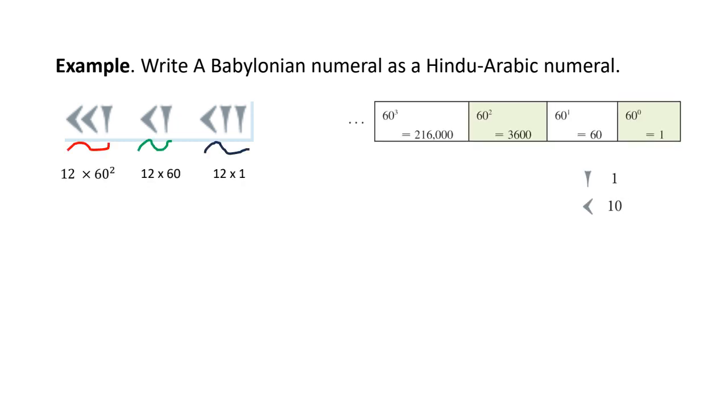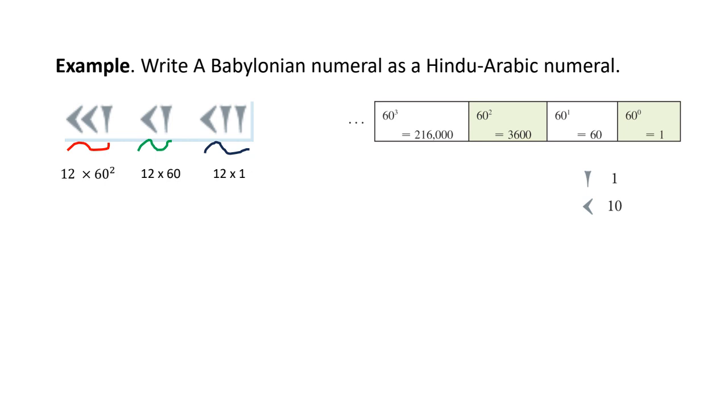So to decode a number in Babylonian, it's a good idea to write down a table that has the powers of 60, starting with 60 to the power 0, which is the ones. And in the Babylonian system, there were only two numerals: the vertical stroke, which is 1, and a wedge or an arrow, which means 10.